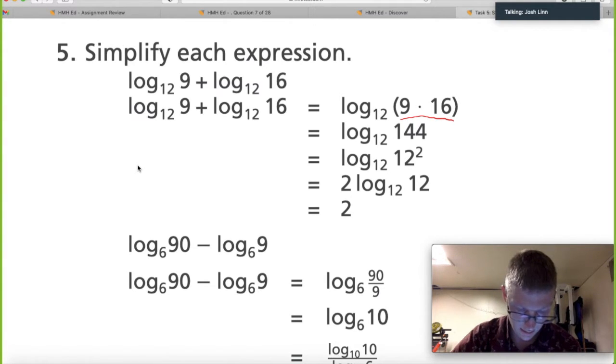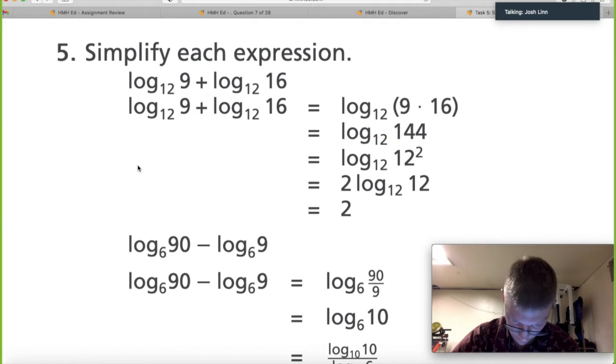And again, that's one of our properties. Then we multiply them together, and it turns out 144 is also equal to 12 squared. So now we have 12 and 12, and we have a power right there, so we can move that in front.